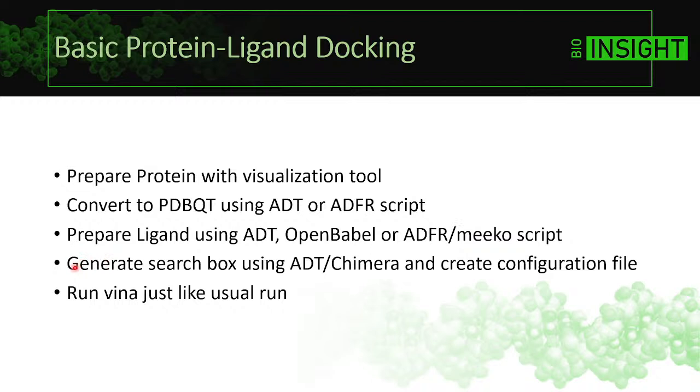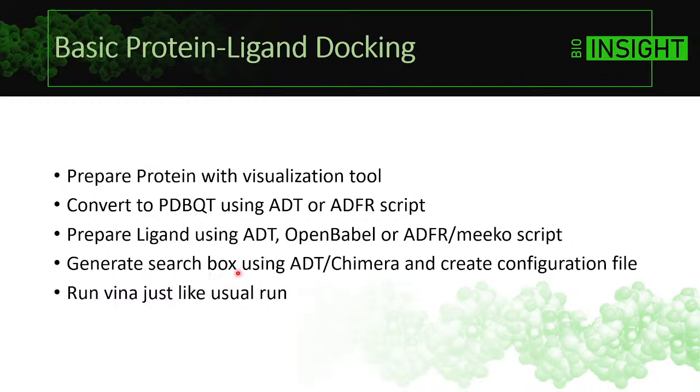Then the next requirement for Vina is the description of the search box: where exactly you want to perform the docking, that is, where your binding site is. For this, we need to generate a configuration file which contains the size as well as the center coordinates of the search box.